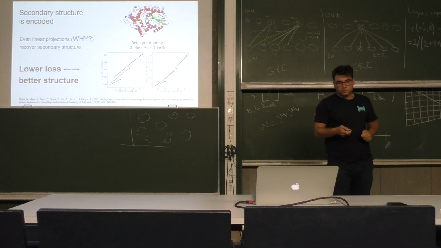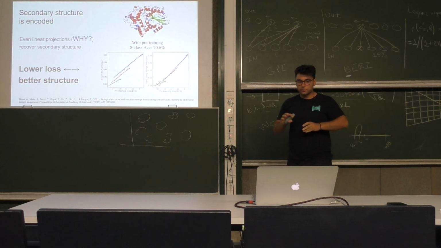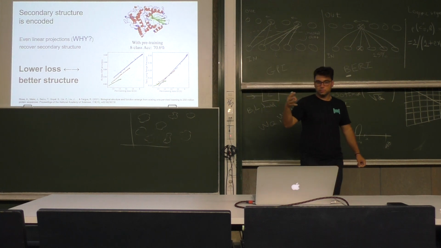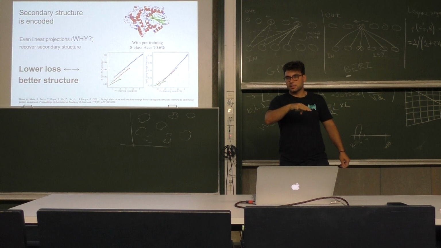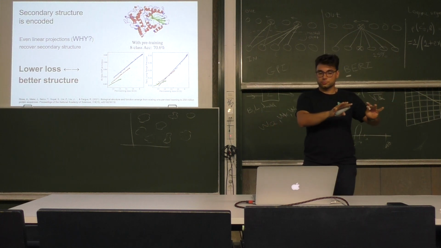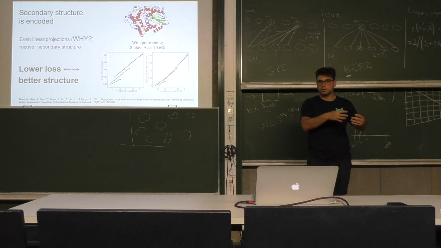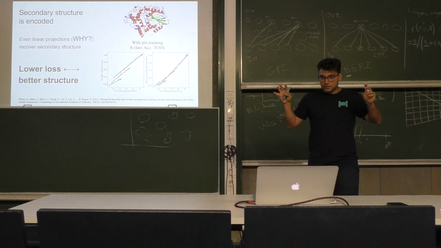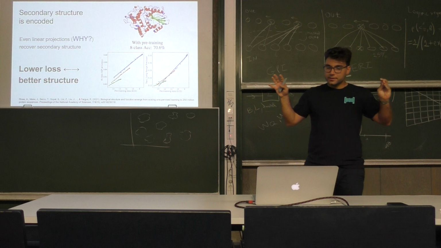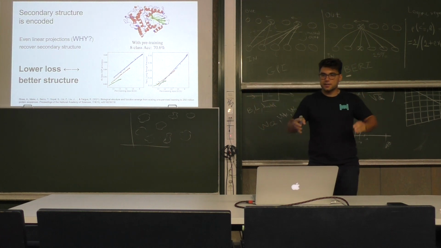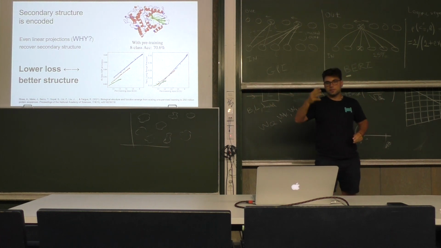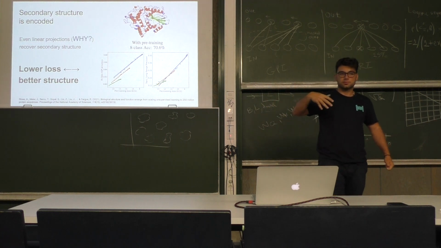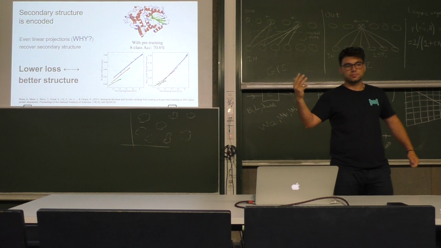So to encode the secondary structure without going too much into details, they just add a linear layer on top based on the existing representation. So it's like a frozen model, no gradients are passed through the BERT model. And do you have any idea why they want to see only with a linear layer how much of the secondary structure is encoded, compared to what we do in vision?